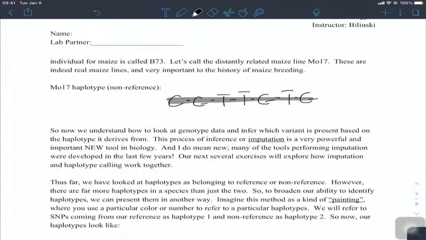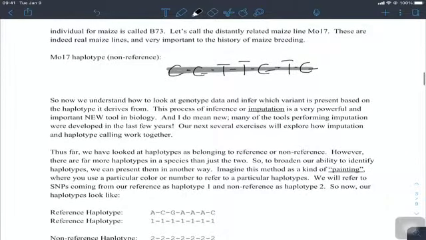Now, we're able to impute or deduce additional information from these sites, even if we're missing data, based on what haplotype they're found in. Because you know that in order to originate from a B73 haplotype or a reference haplotype, you're going to inherit all of the markers in between, unless there have been recombination events.